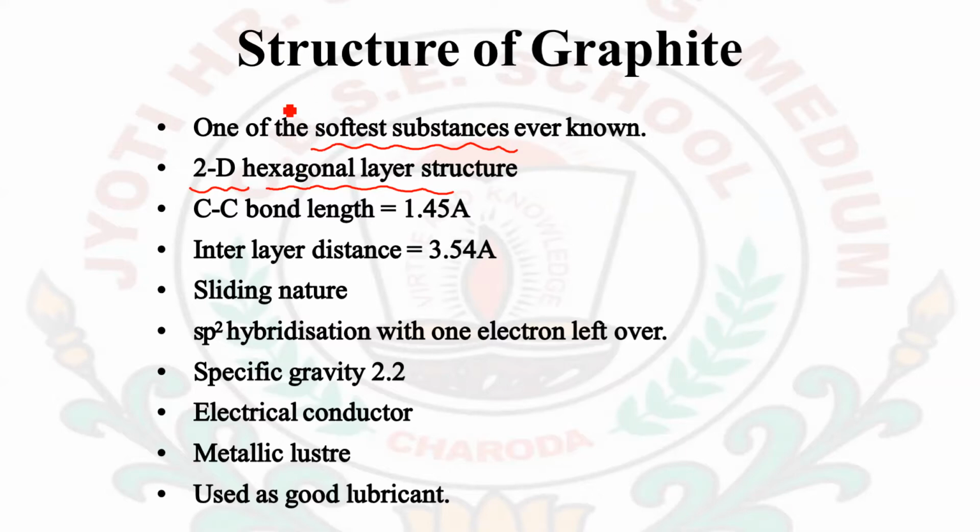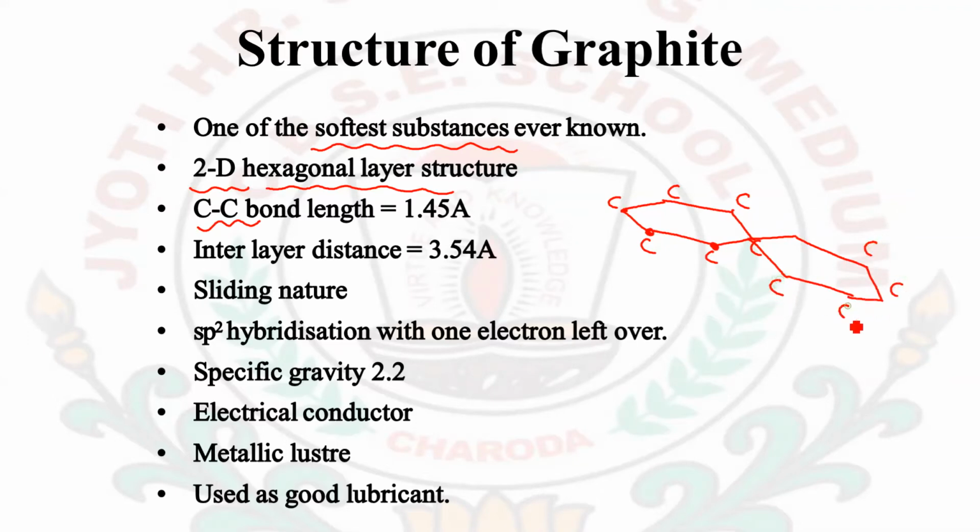Here the carbon-carbon bond length, meaning a carbon attached to another carbon atom in a hexagonal form, is 1.45 Angstrom. That is the distance between the bond of two carbon atoms.